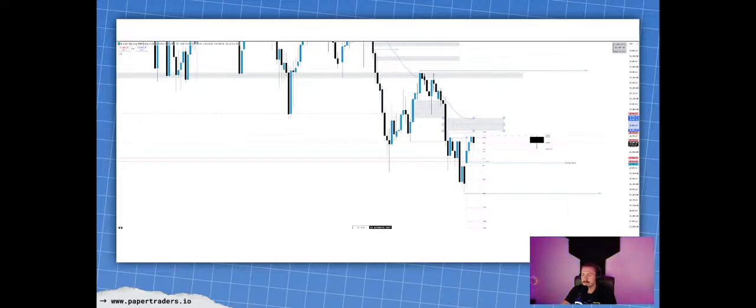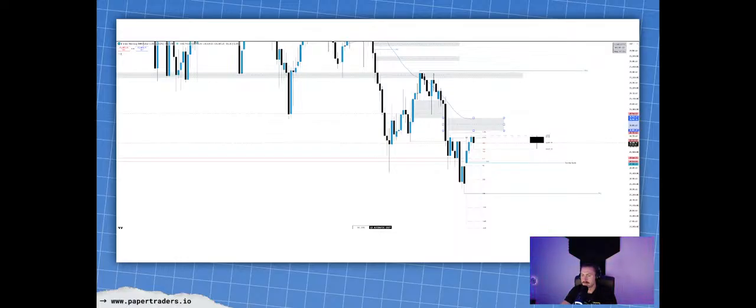One thing to note here as well is that price has swept the previous 4-hour low here, and is now trading in the body range of the previous 4-hour candle.